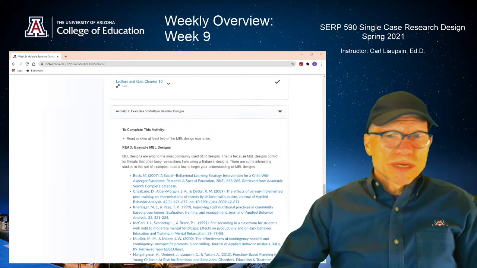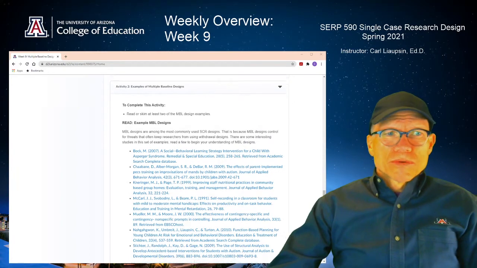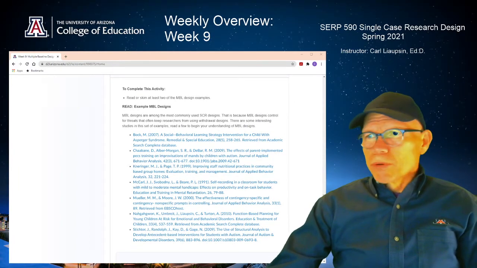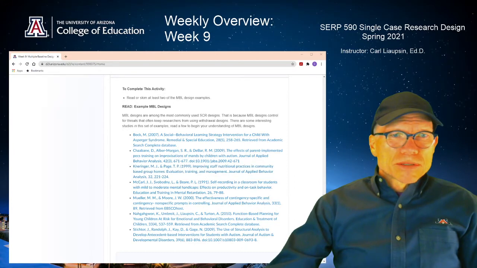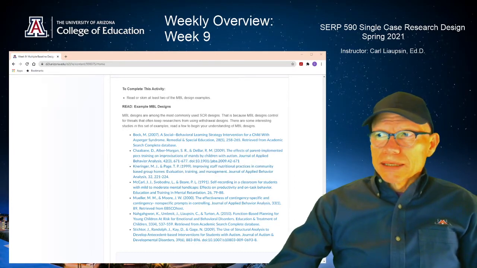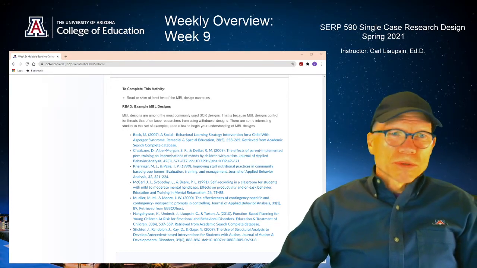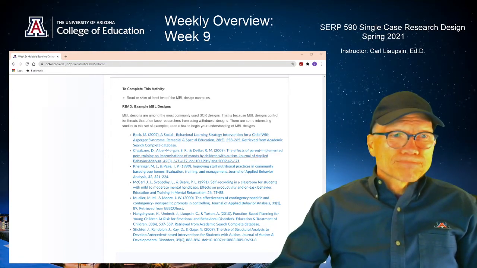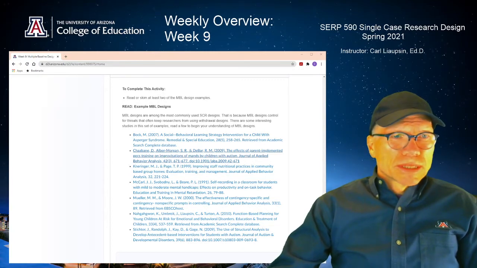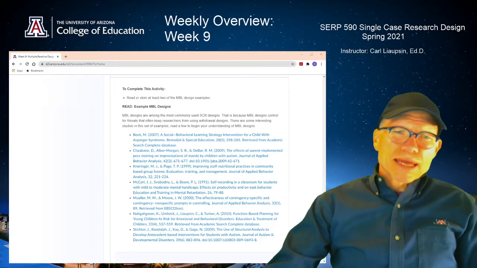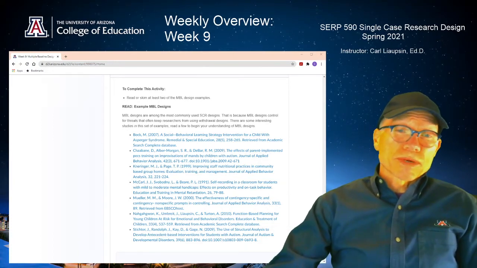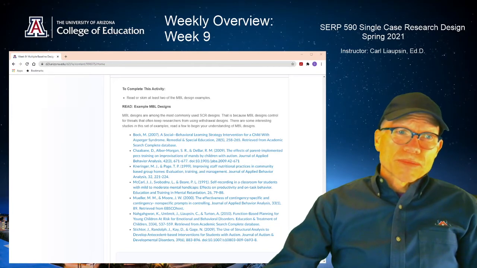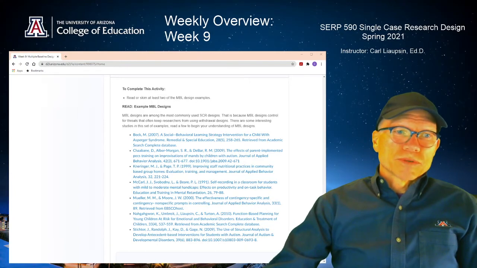The next thing we do this week is read through examples of multiple baseline designs. This first one by Bach, they use a social behavioral learning strategy for a child with autism spectrum disorder. The second is parent implemented PECS training. I know some of you have research questions that you're working on this semester for your proposal that involve PECS training. So this might be a really good one for you to read.